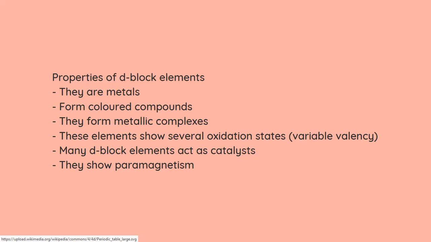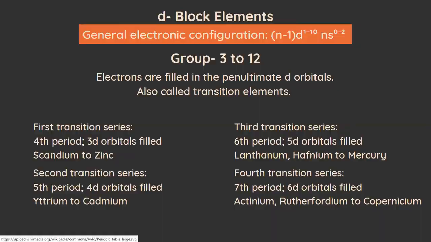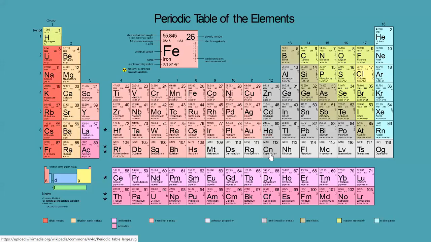Now, many of the d block elements act as catalysts. Catalysts are basically substances which speed up the rate of a chemical reaction. One of the most commonly used catalysts is probably platinum. These catalysts do not themselves undergo a chemical reaction, but they just facilitate the speeding up of a chemical reaction.